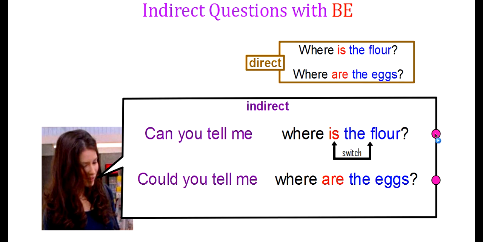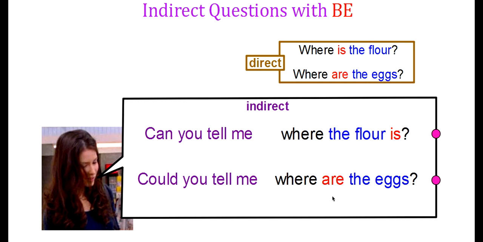So now it looks like this. Can you tell me where the flour is? Not where is the flour. Okay? So now this is the structure of my indirect question. Here's my question, can you tell me? And here I have a statement inside of the question. So let's do the same thing down here. Could you tell me?